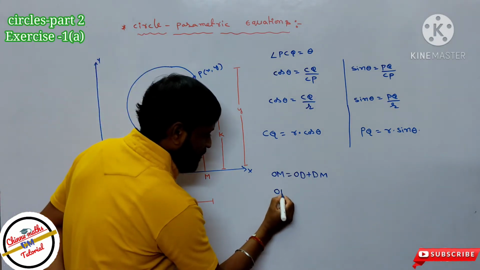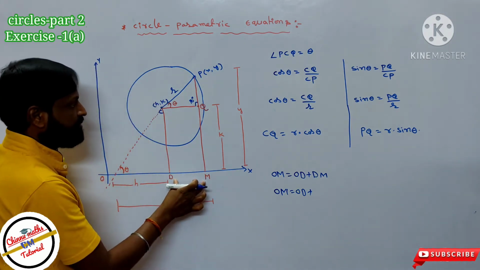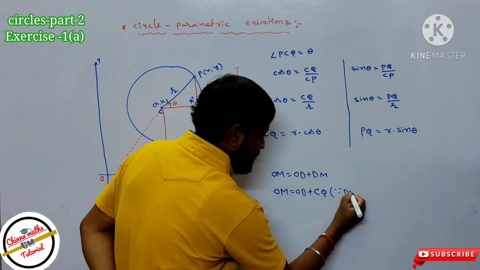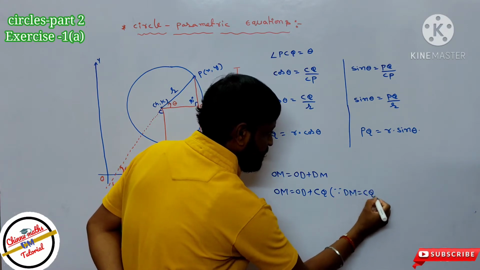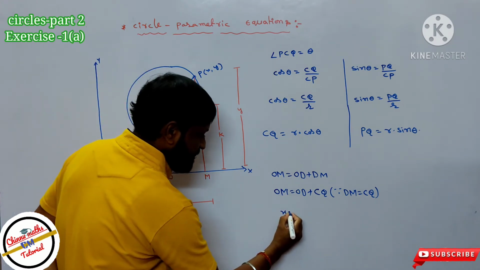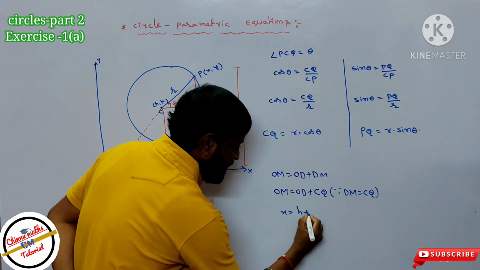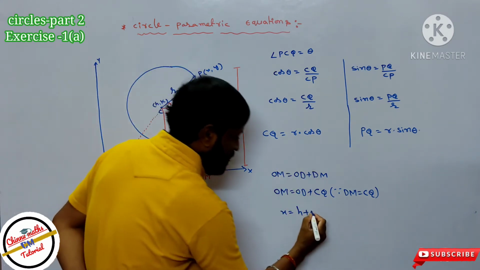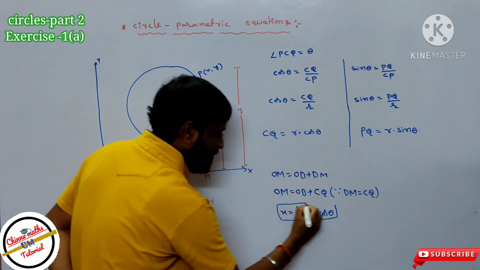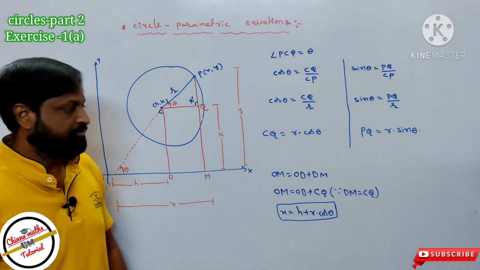So OM equal to OD plus CQ. OM value equal to x, OD value equal to h, plus CQ equal to r cos theta. It is one of the parametric equations: x equal to h plus r cos theta.